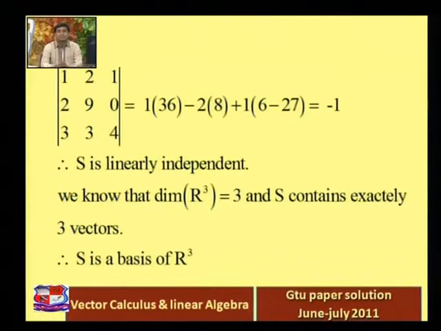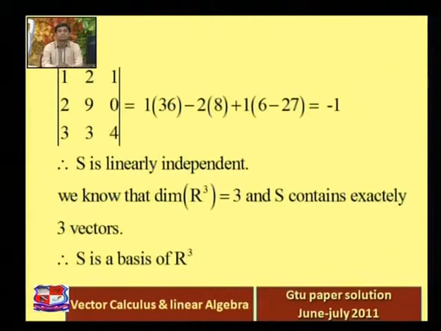So using this theorem, this set S is a basis for R3 if S is linearly independent or S spans R3. That's why we use this theorem, and it's quite easy to solve this example. S is a basis of R3.